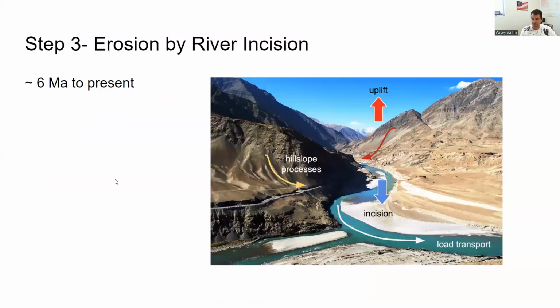All right, step 3, erosion by river incision. So this has happened during the last 6 million years. There's kind of a long and more complicated story to this that deals with the development of the Colorado River itself. But I'm going to simplify it a bit.